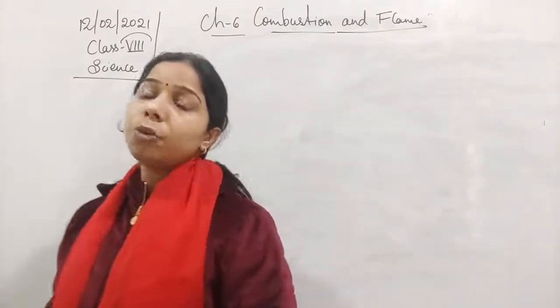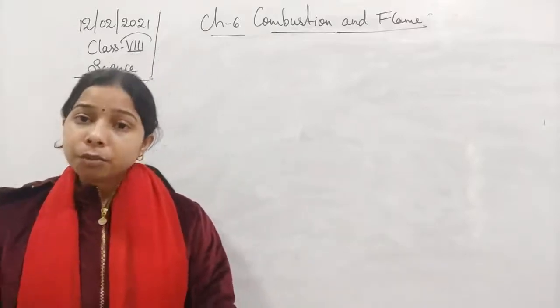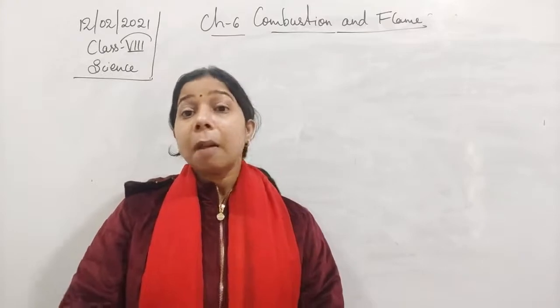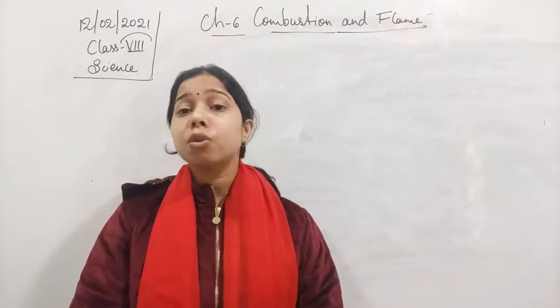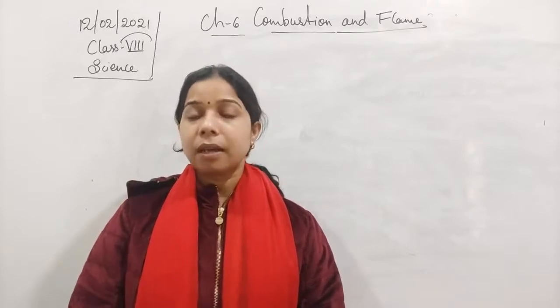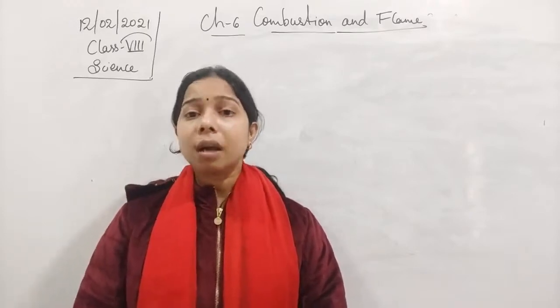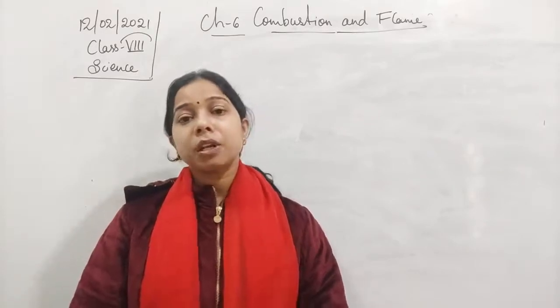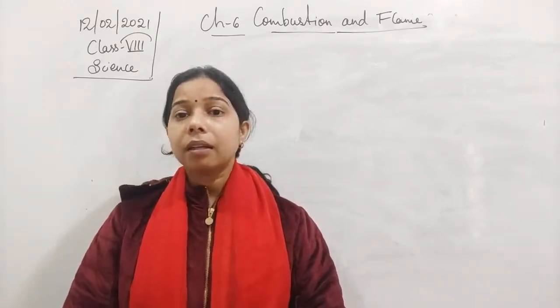into the luminous flame. Then the innermost zone, students, it is basically black in color because no supply of oxygen occurs. And if no supply of oxygen is there, ultimately no combustion will take place. It means it will be black in color.